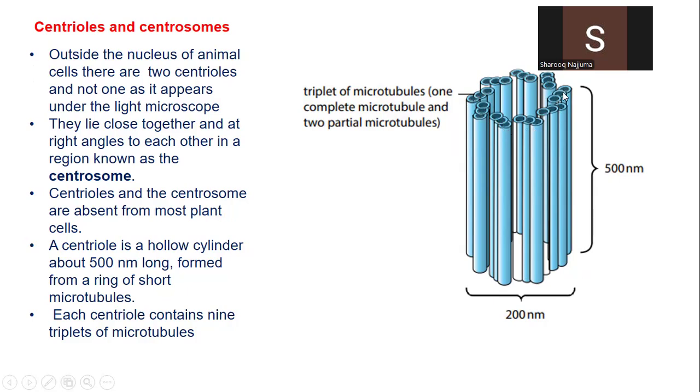So each centriole is made up of those triplets, surrounded around a hollow cylinder, a hollow tube. They are around 500 nanometers in length and 200 nanometers in diameter. So each centriole contains 9 triplets of microtubules.